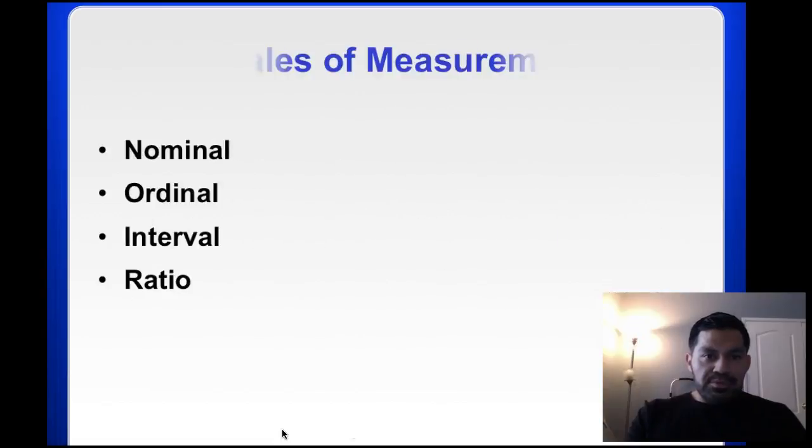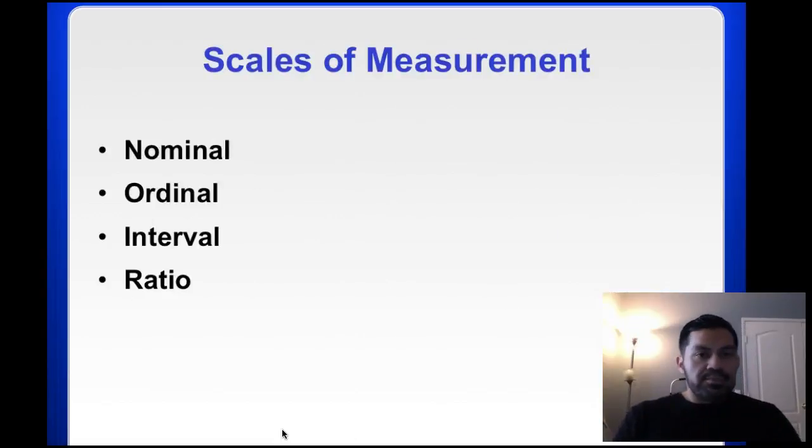So for example, we have scales of measurement. So here, the different types of measurements are split up between lowest to highest. So the scales of measurement represent a taxonomy from nominal to ratio. Nominal being the lowest and ratio being the highest.